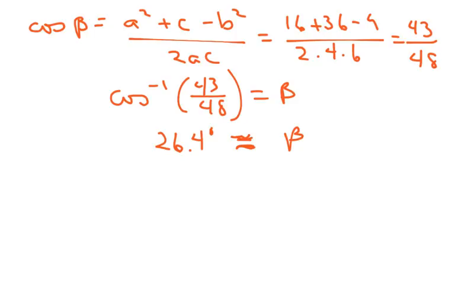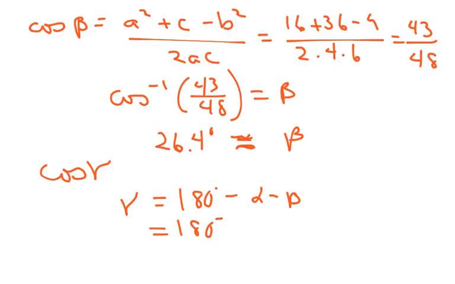And then I'm just going to subtract. Unless you want to use the formula for cosine of gamma, I'm just going to say 180 minus alpha minus beta equals 180 minus 36.3 degrees minus 26.4 degrees, and we get approximately 117.3 degrees.